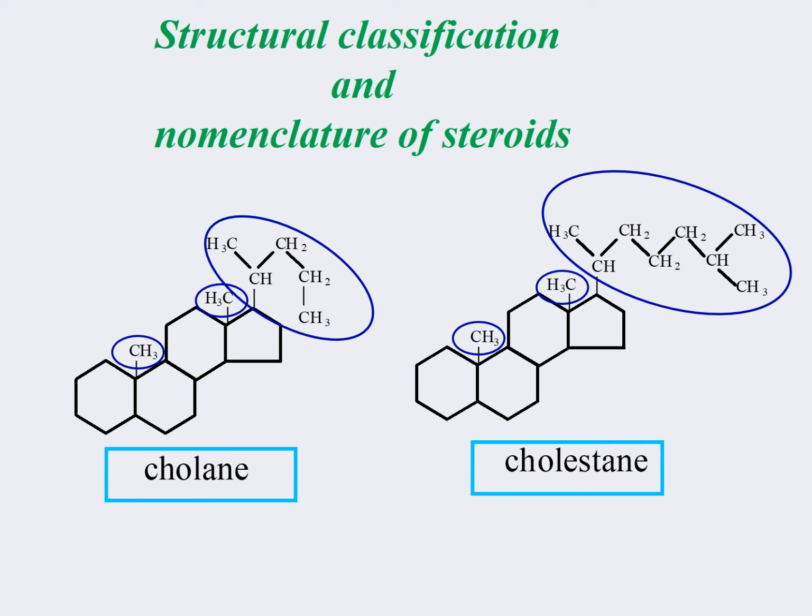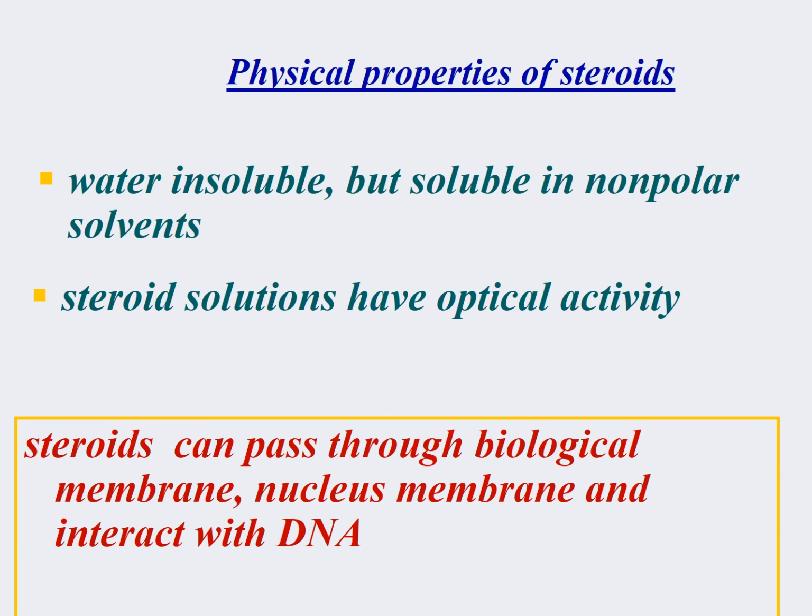So we discussed only the structural approach. When speaking about physical properties, steroids are mostly water insoluble, but they are well soluble in non-polar solvents. Because they have a lot of chiral centers, solutions of natural, non-racemic steroids have optical activity.